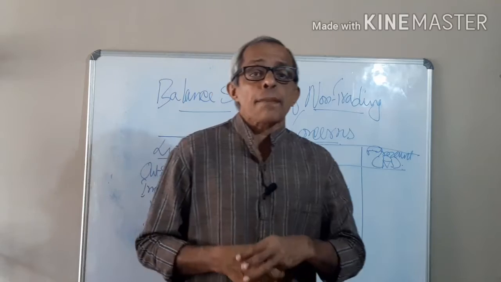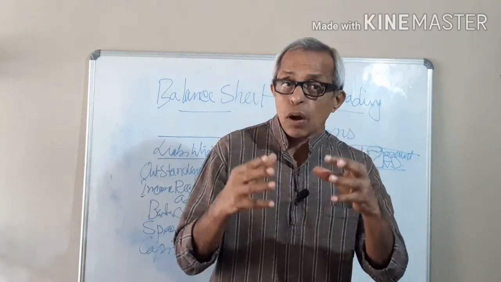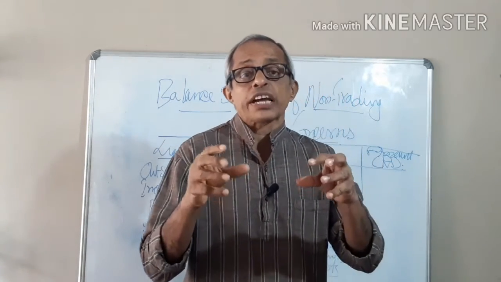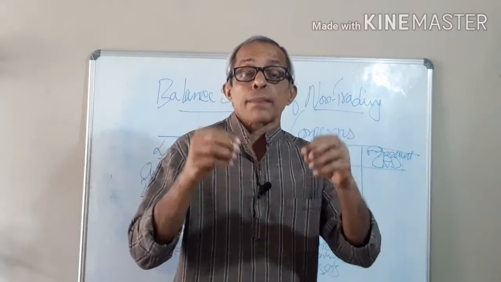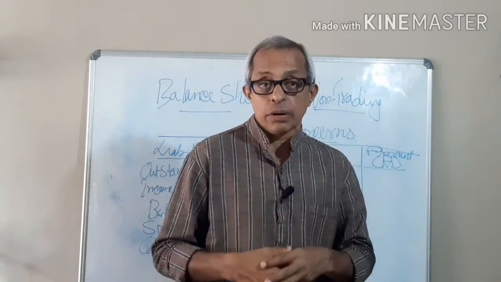With regard to capital fund, if the capital amount or capital fund is not given, we have to find out the capital fund by preparing a statement of affairs based on the information available.